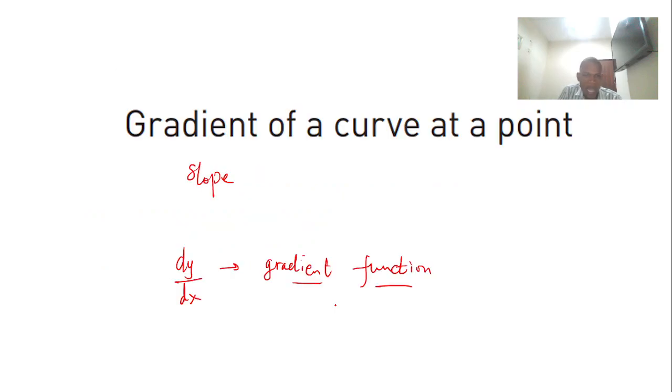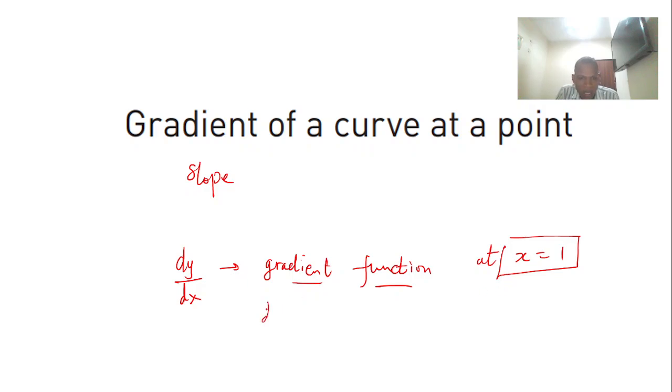Now what if I have a point? Maybe I have a point, let's say at x equal to 1. Which means if you are asked to find the gradient at a point, let's say x equal to 1, after getting your gradient function, you have to plug in the value of x at that point.